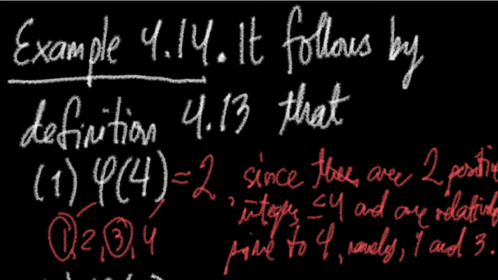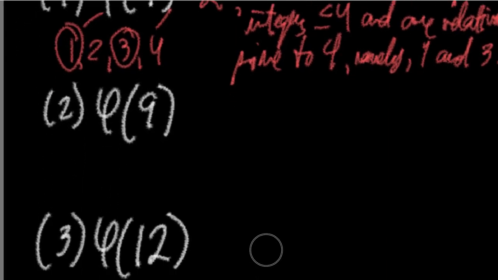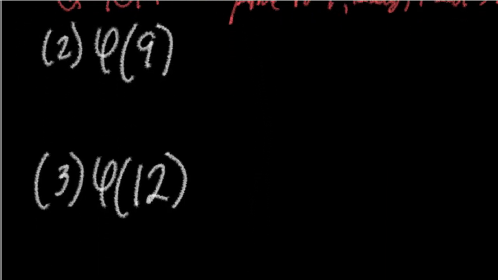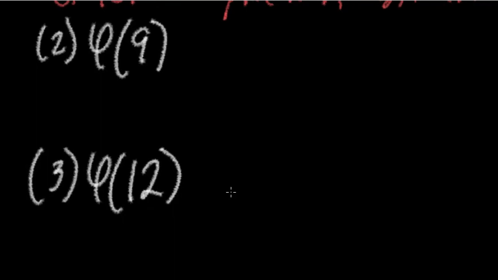So in our next example, let's answer this directly. What's the phi of 9? What numbers do we have which are relatively prime to 9 and less than or equal to 9?